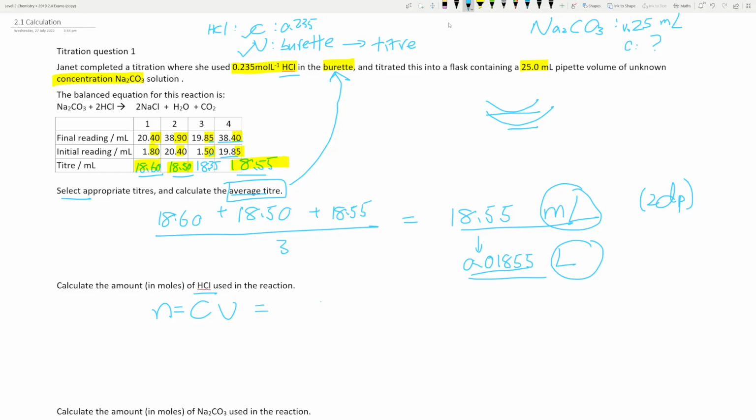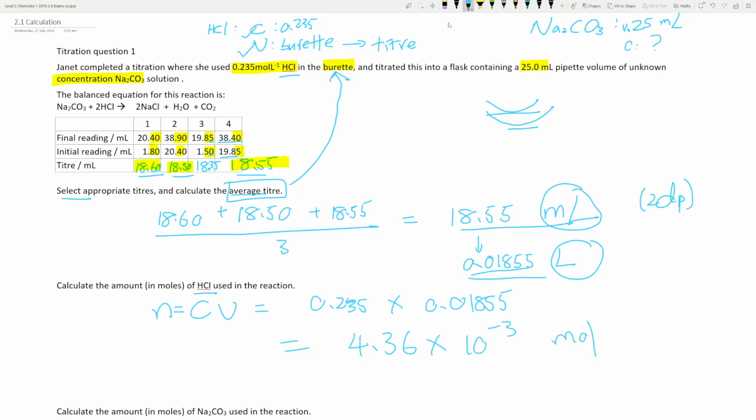So that's going to be 0.235 moles per liter times 0.01855 liters, and that's going to give me 4.36 times 10 to the power of -3 moles.